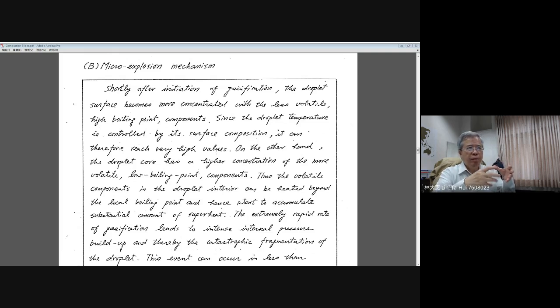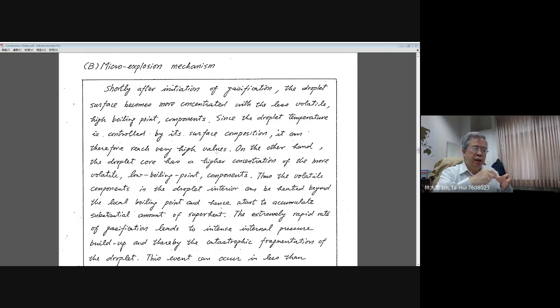But remember, inside of the droplets, they still have the low boiling point material in the center region. They continue to absorb heat on the surface. The temperature of the higher boiling point fuel is increased.